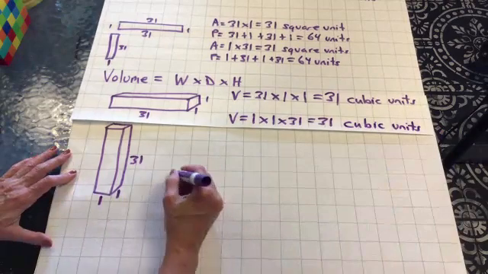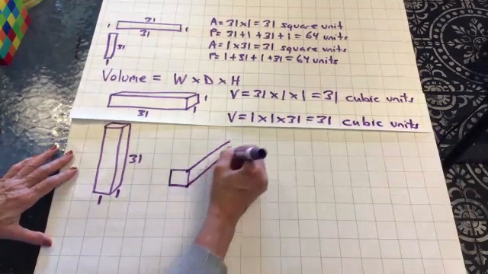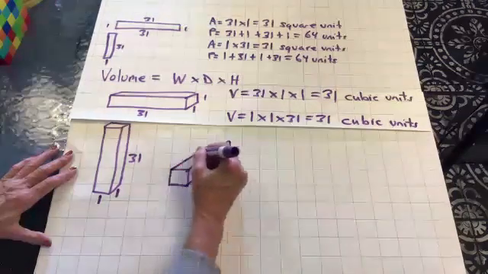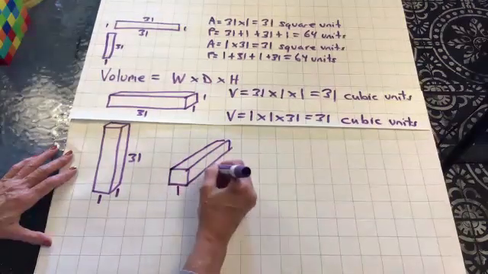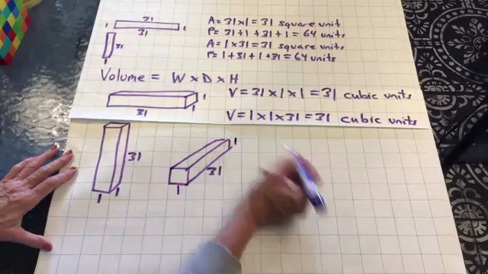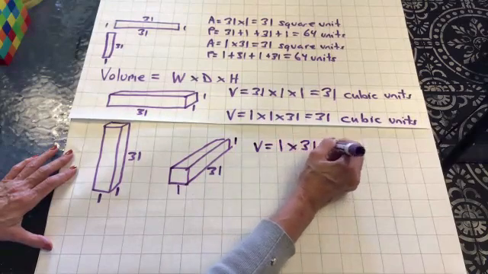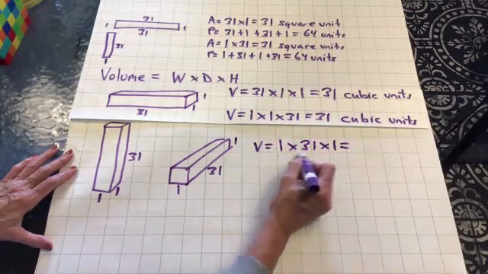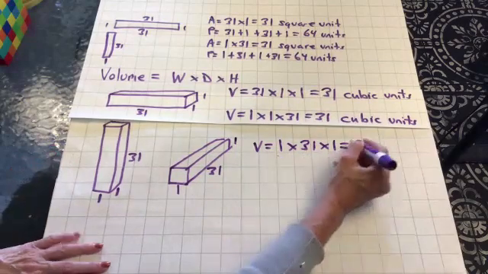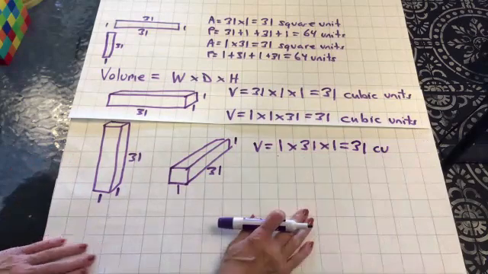And then last but not least, we're going to do 1 wide by 31 deep by 1 tall. 1 by 31 by 1. So 1 times 31 is 31, times 1 is 31 cubic units.